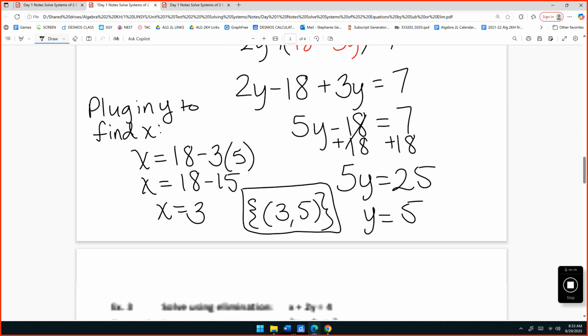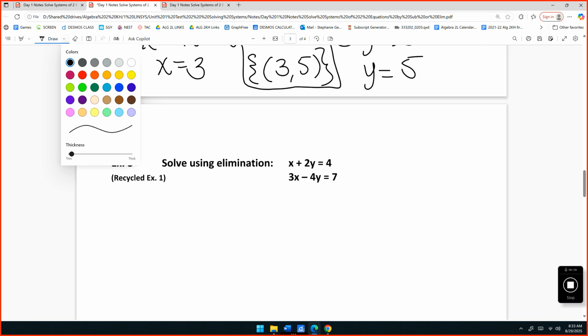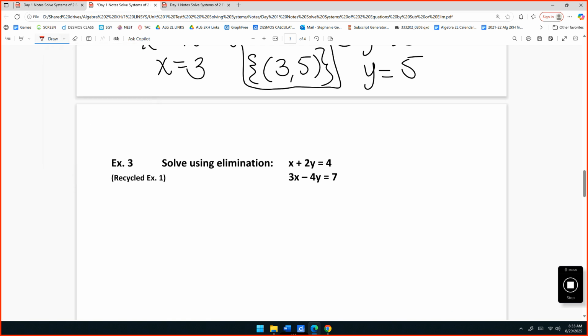All right, so the deal with elimination is you want to add equations together. I'm going to abbreviate equations with EQs. I'm going to add equations to eliminate one variable.